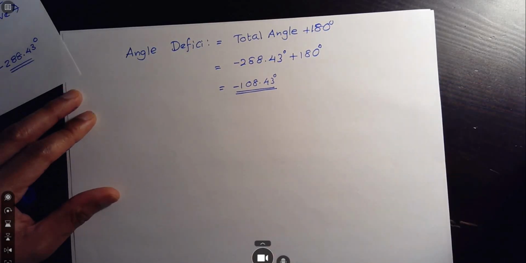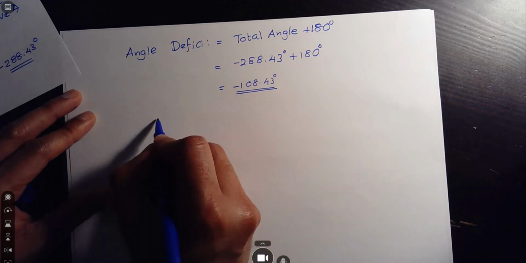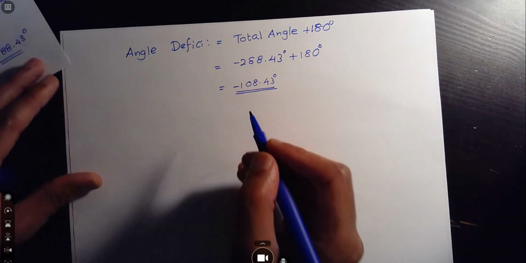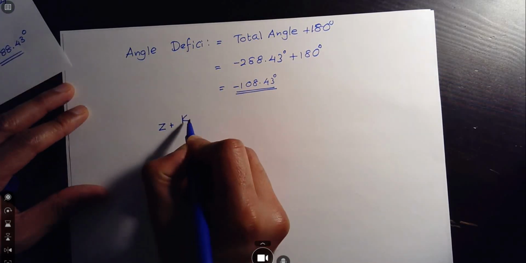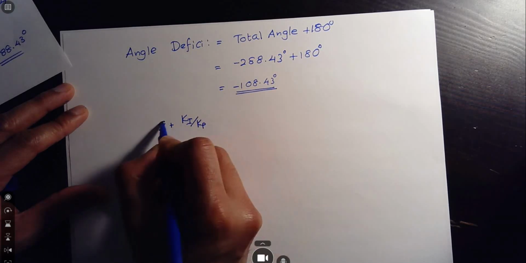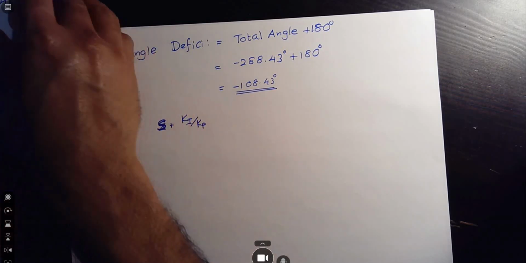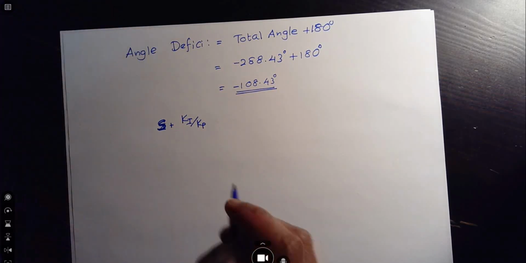Now we can contribute from the zero of our controller, which we have available, S plus ki over kp, that's right.